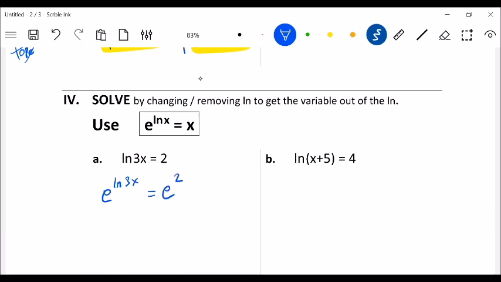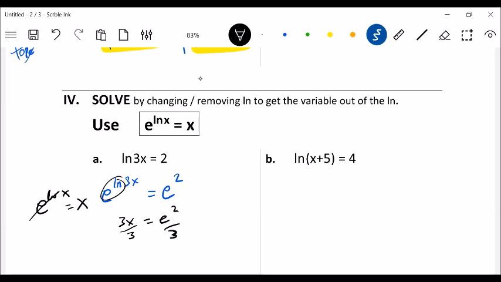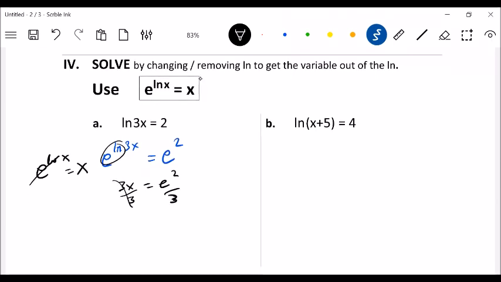Now this setup, e to the ln, essentially cancels itself out, so that whatever is here becomes the actual thing that's left. So we have 3x is equal to e squared, so that means we'll divide by 3. Okay, so x is approximately 2.4630.